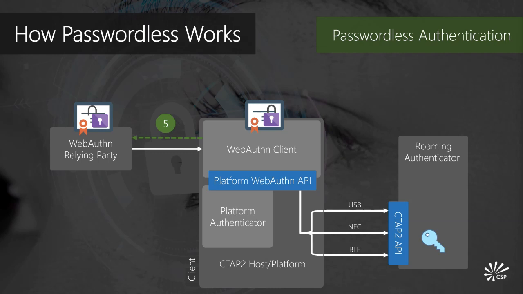And then it's going to verify that the response contains some other information, such as the relying party ID matching. That's just an extra check to make sure that the response is being received for the same authentication attempt that was initiated by the relying party. Once all those things have been verified, the signed credential is then used to authenticate the session from the browser or the WebAuthn client to the service.